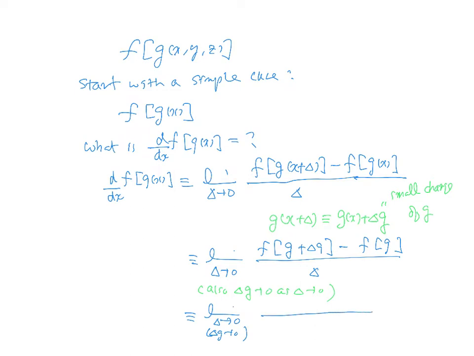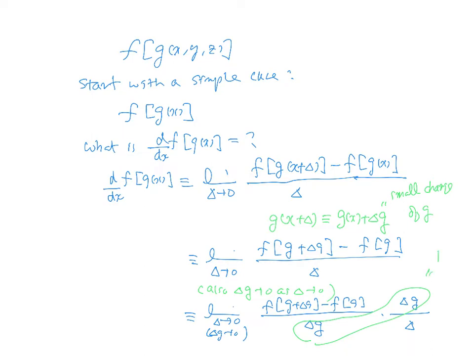And you first divide by delta g, f(g plus delta g) minus f(g). But dividing by delta g and multiplying by delta g is equal to 1, right?